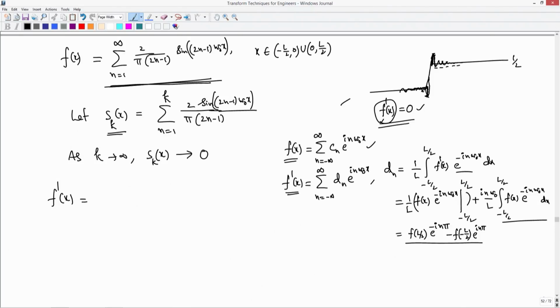So, at L/2 and -L/2 it is actually repeating. This is the value at -L/2. So this is the x axis, this is L/2 and this is at -L/2.